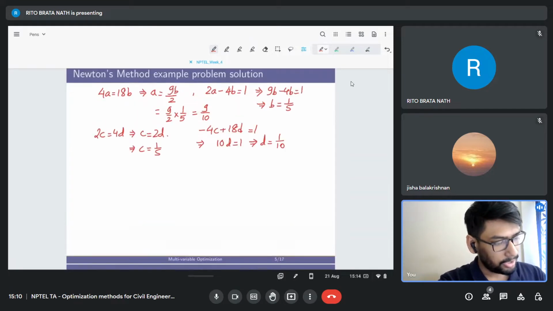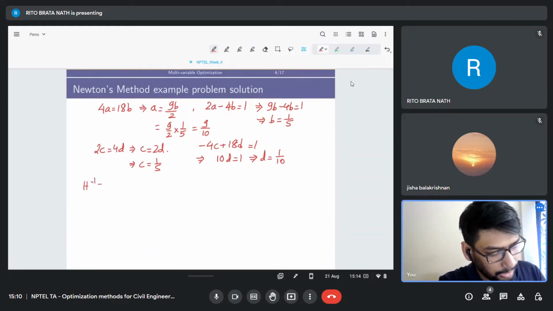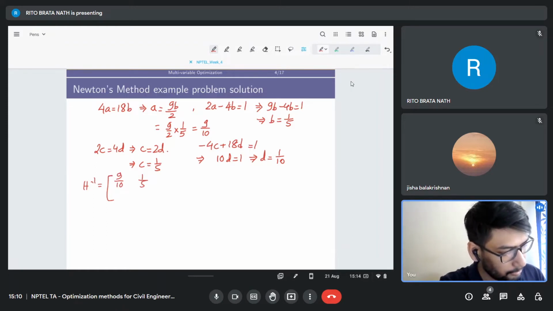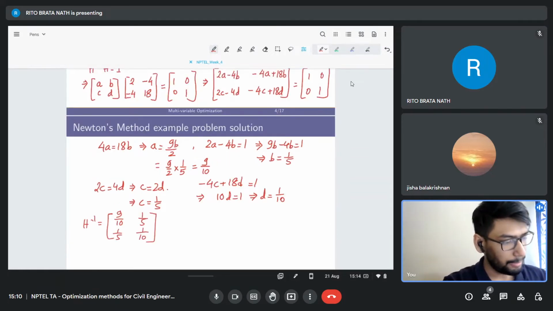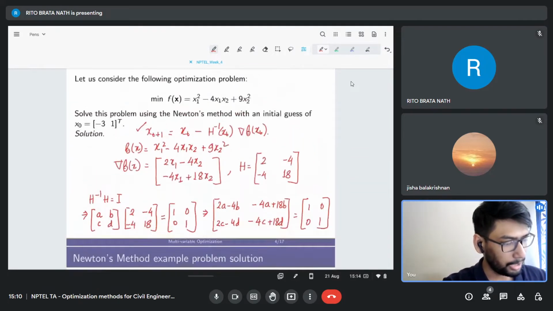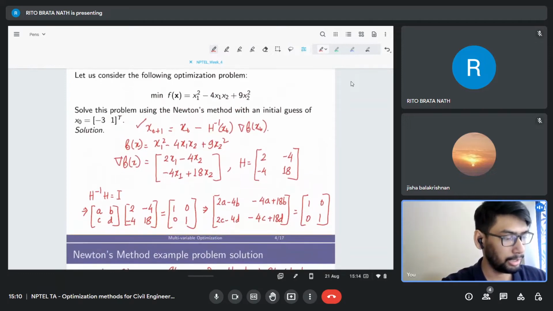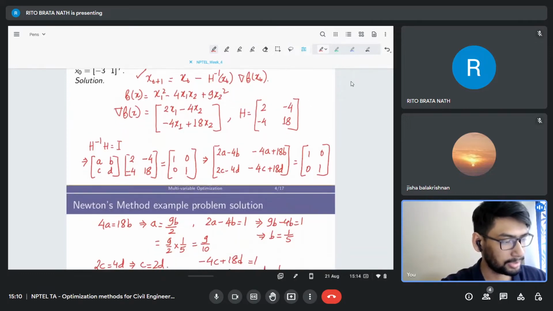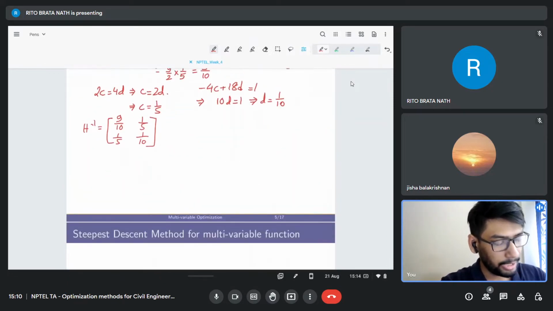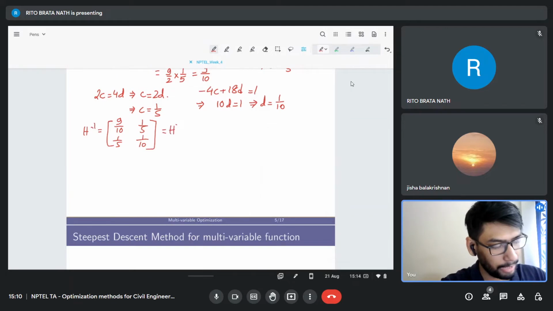So let's write your H inverse now. So your H inverse is nothing but your a was 9 by 10, your b was 1/5, c is 1/5, and your d is 1/10. So you have got your H inverse, and now you have to just plug in this minus 3 and 1 as the point. So you'll get H inverse of x naught. So let's write it down. So H inverse of x naught will be this only because you don't have any terms related to x1 and x2.